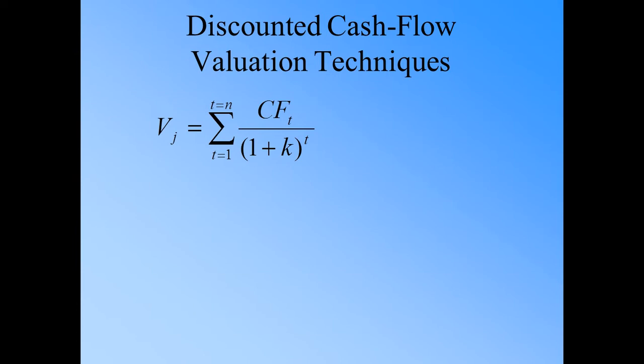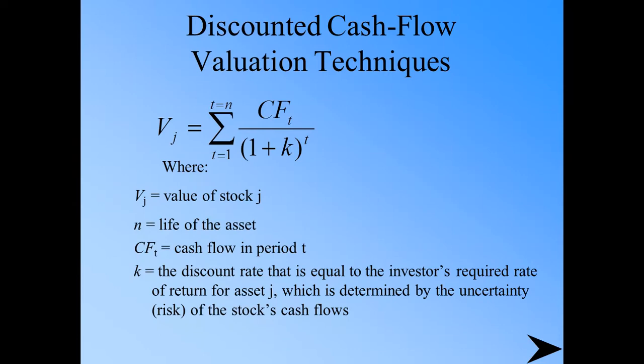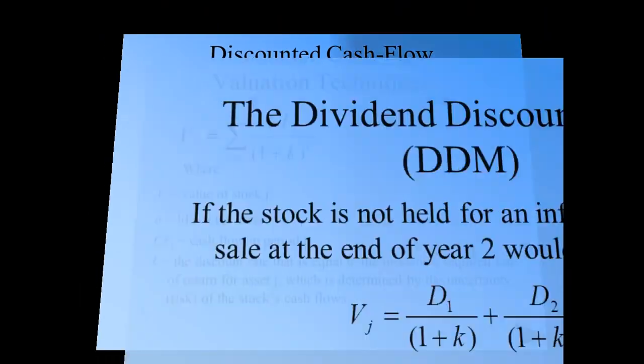You can see that it is the summation of the cash flows associated with the common stock, and it will be discounted on the required rate of return on equity. V means value of stock, N means the number of years, the life of the asset, CF means the cash flows, which in this case are dividends, and K is the discount rate of return on the equity.